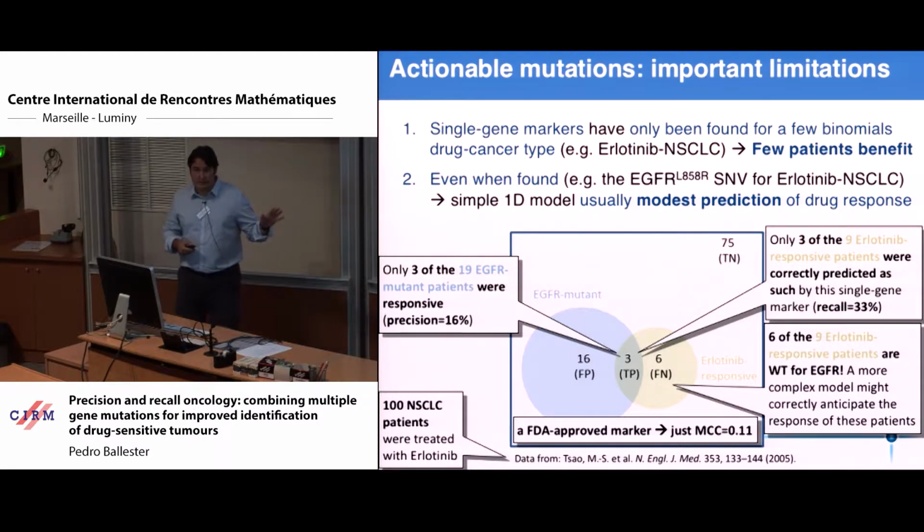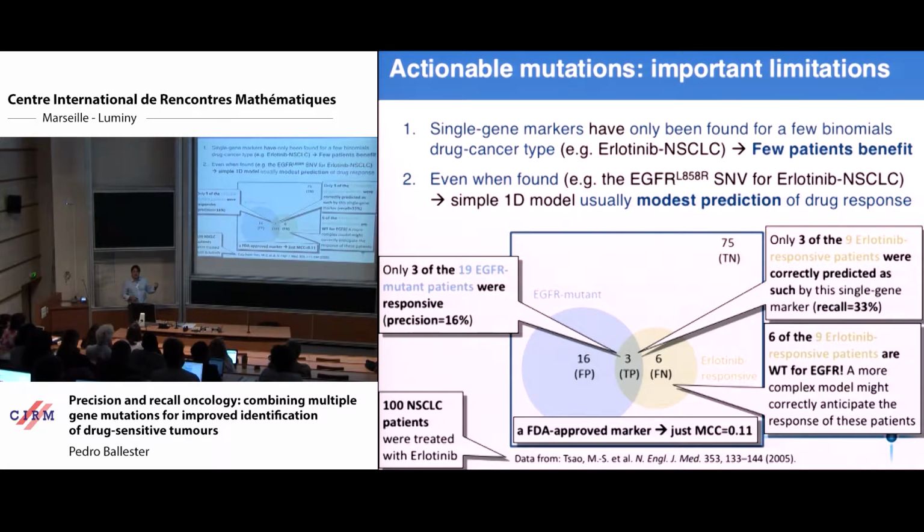Even though it's an FDA-approved marker, the level of predictability it provides, at least with this data set, is 0.11 on MCC. MCC is the Matthews correlation coefficient, where the level of random performance is 0 and the maximum is 1. So it is a hard problem, and there are a few cases where these predictors are very good, and then many where performance is much more moderate.